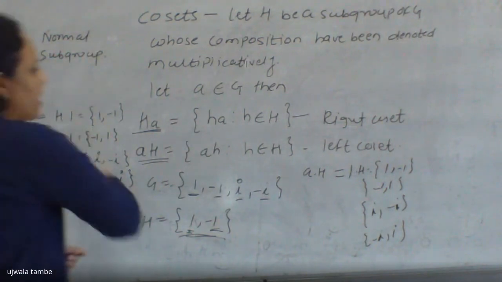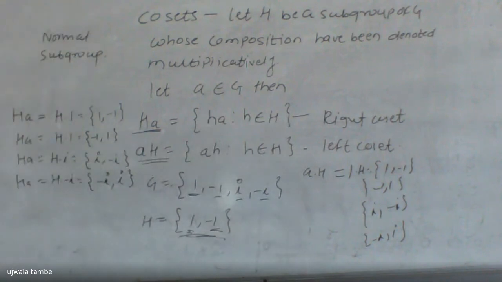First write down the values of left coset and right coset. Just I am performing the multiplication operation here.